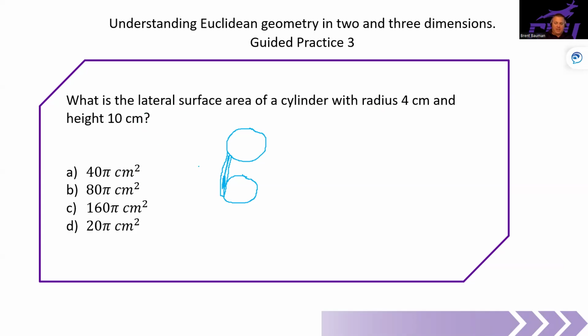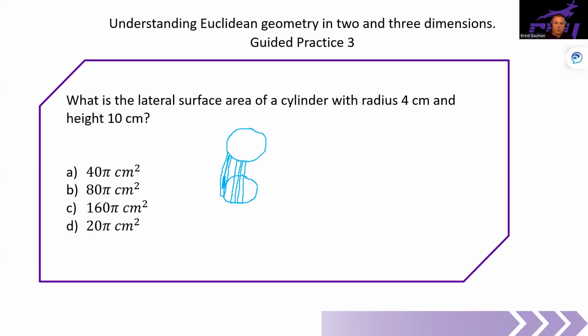But if you think about this little portion right here, if we just think about one of these, we have the height times this little piece, length times width would give us this little area. What ends up happening is we have these all the way around.